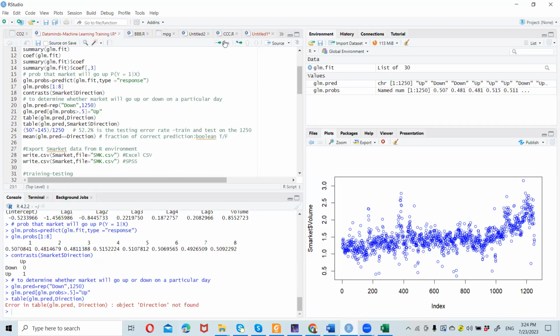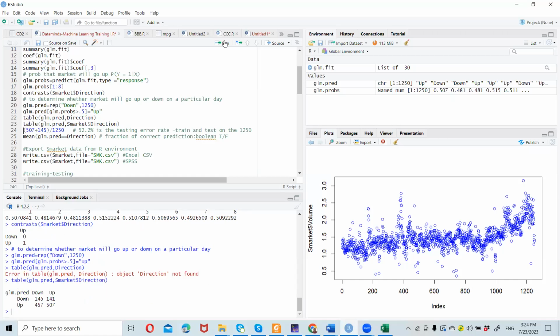This network is not doing well. Okay, we understand the network issue. Now, this is telling us that there's no object called direction. Yes.